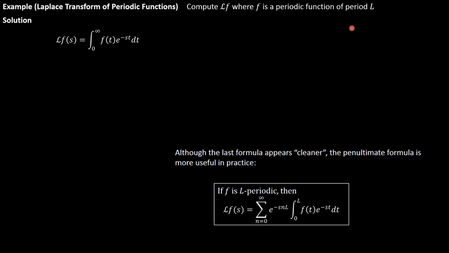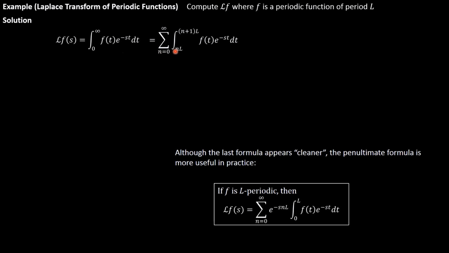For example, sine of t is a periodic function of period 2 pi. In general, though, we're interested in how to find the Laplace transform of a general periodic function, because there are other periodic functions besides the sine function.